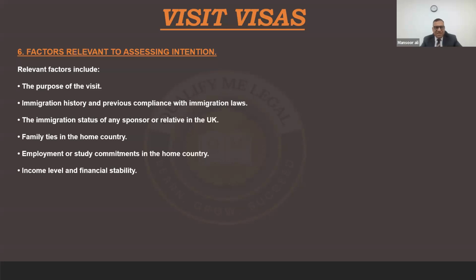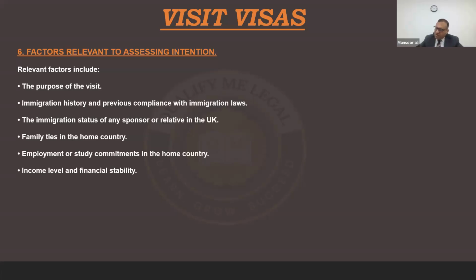This is my salary, and through my salary, I have piled up certain funds in order to apply for a visit visa. And this is how you can satisfy the Home Office. As I told you, if you are working as self-employed or as a company, then we have different criteria. If you are a salaried person, obviously you have to provide salary slips to the Home Office. And these are the certain criteria about salary slips.